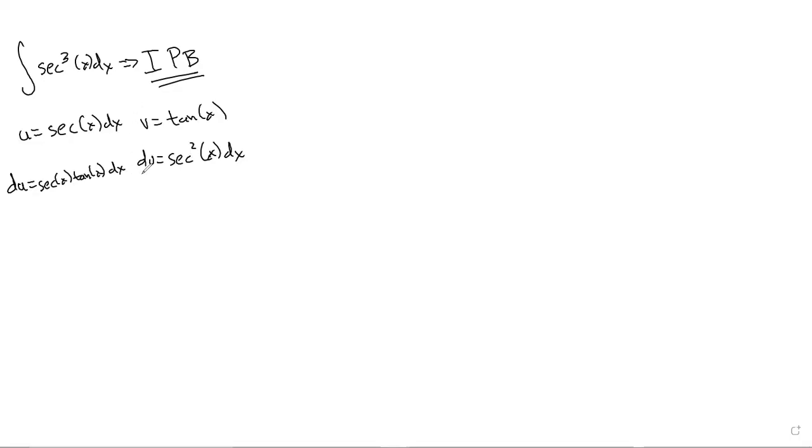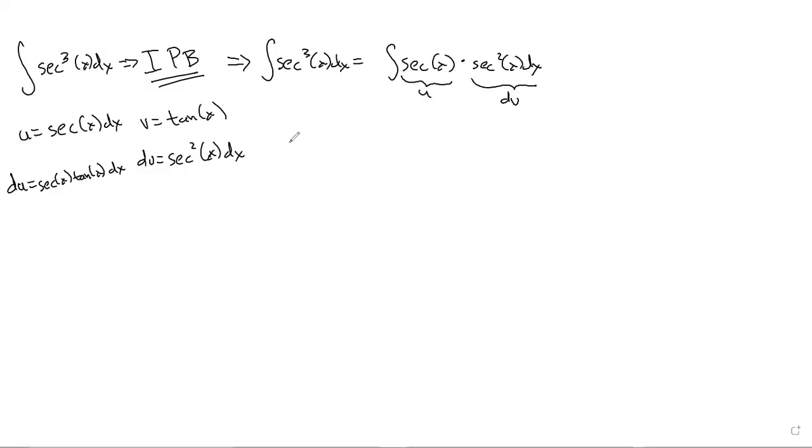Here is our setup, and that means that we can equate the integral of secant cubed x dx as the integral of secant of x times secant squared x dx. There's the u, there's the dv.